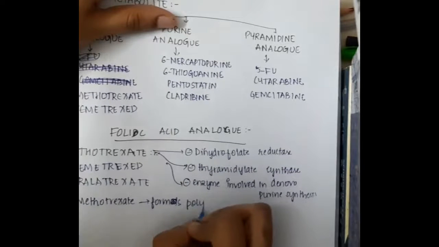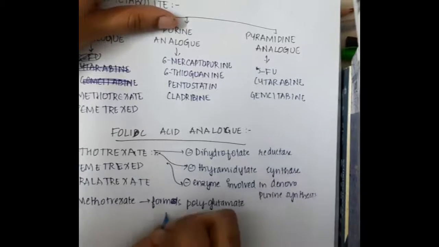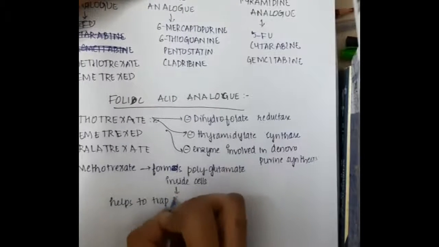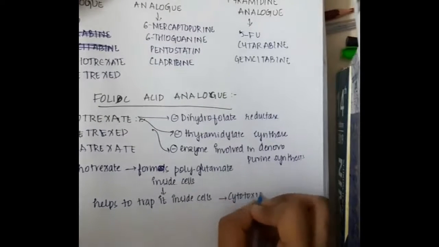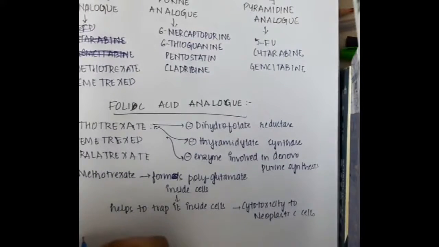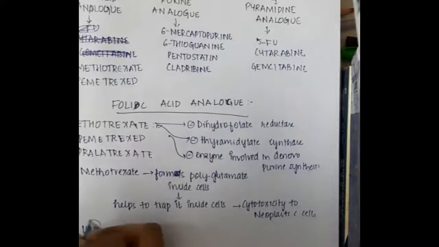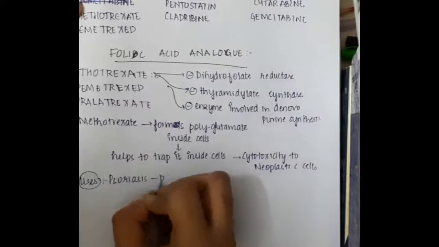Then Methotrexate forms polyglutamate inside the cells, which helps to trap Methotrexate inside the cells, and thus it is cytotoxic to neoplastic cells.